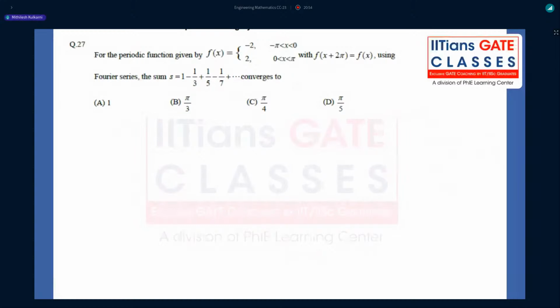Any periodic function f of x we can write in the form of sine and cosine with a Fourier series, which is like this: a naught by 2 plus summation n equal to 1 to infinity a n cos of nx plus summation n equal to 1 to infinity b n sine of nx, for this minus pi to plus pi interval.